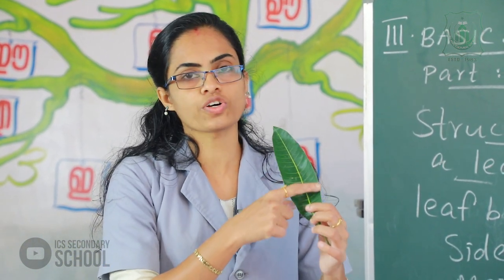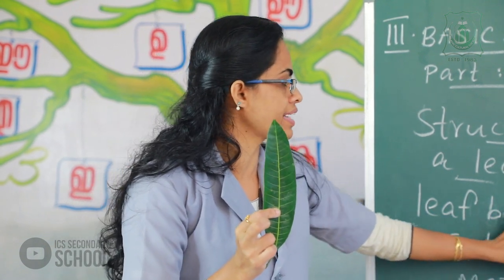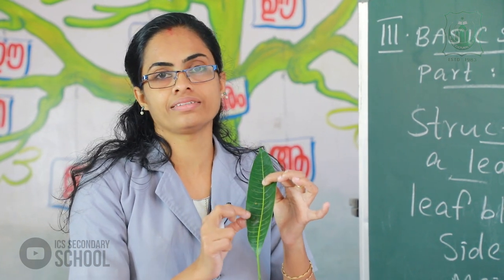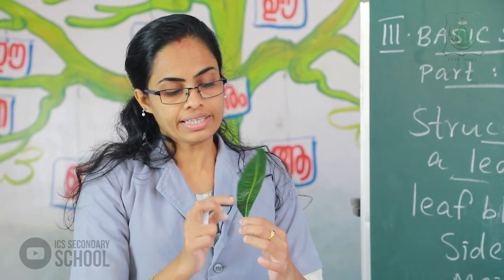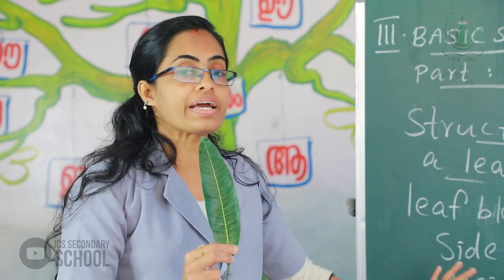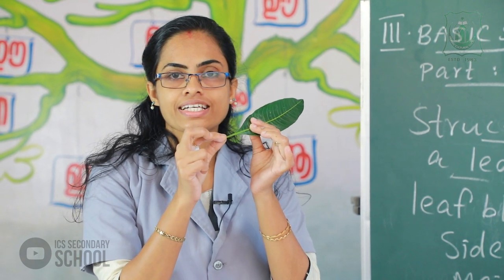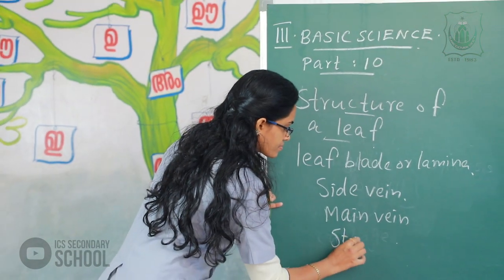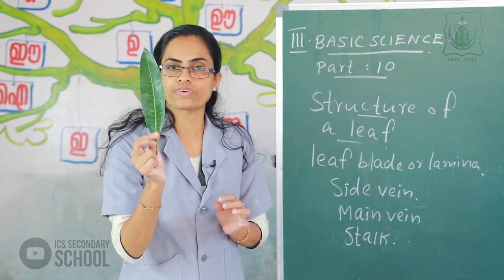The flat part of the leaf is called the leaf blade or lamina, the many lines side by side are called side veins, and a thick tube at the center of the leaf is called the main vein. And what is this? The name of this part is stalk. Okay? These are the parts of a leaf.